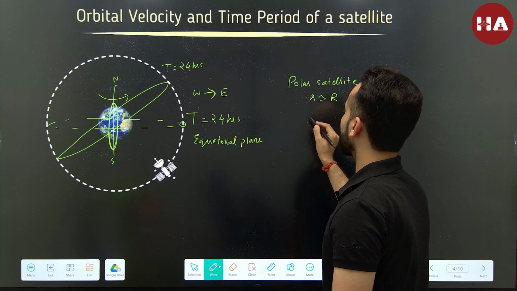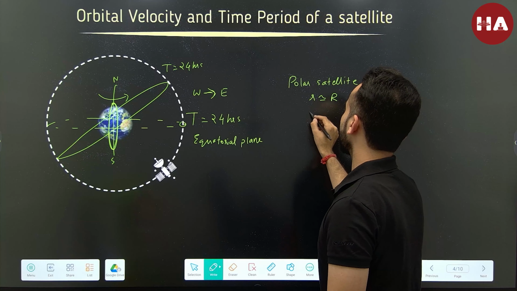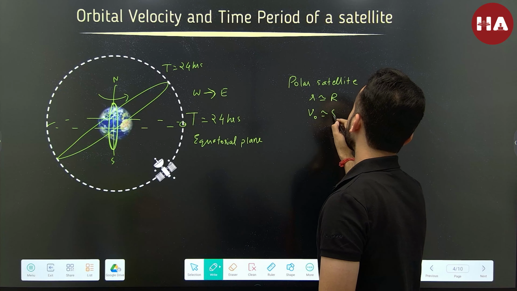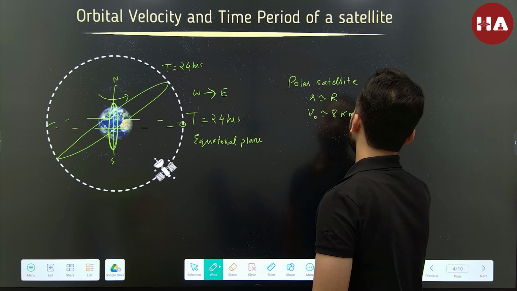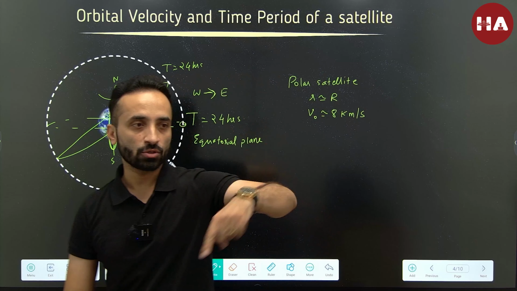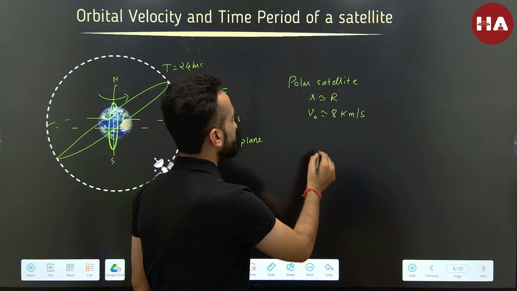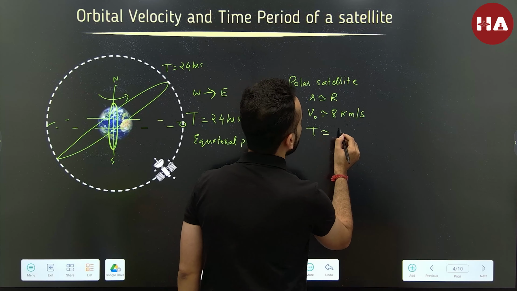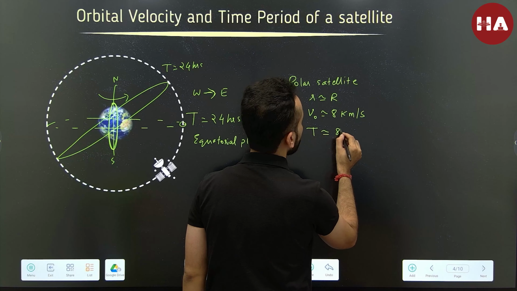In that case, as I have just talked about, the orbital speed turns out to be approximately 8 kilometers per second. So they revolve very fast, and their time period is about 84.6 minutes, or 1.5 hours or so.